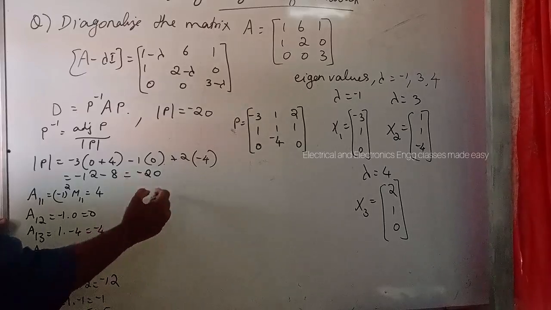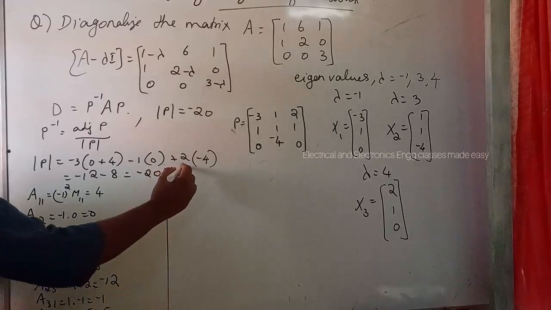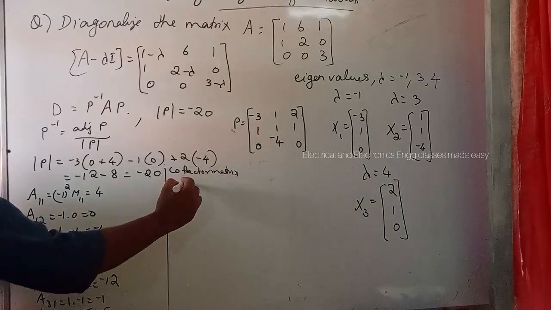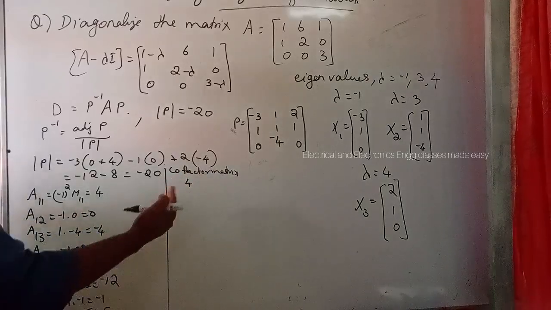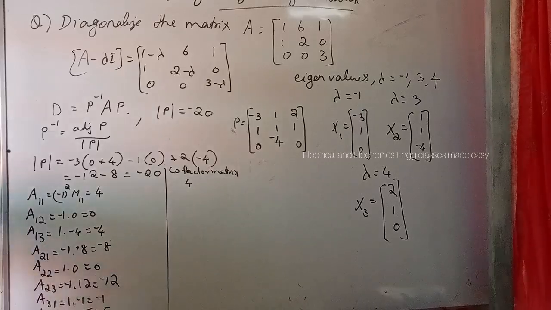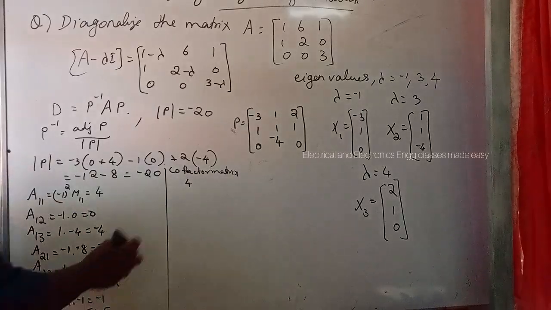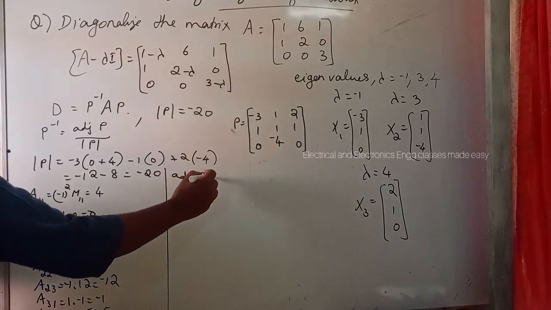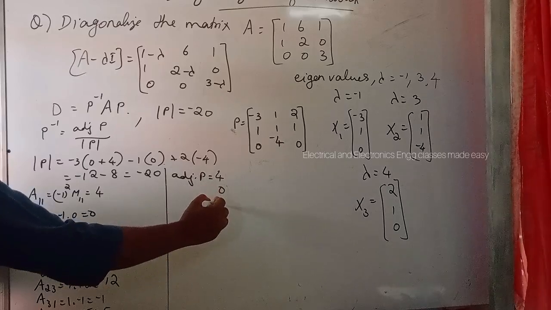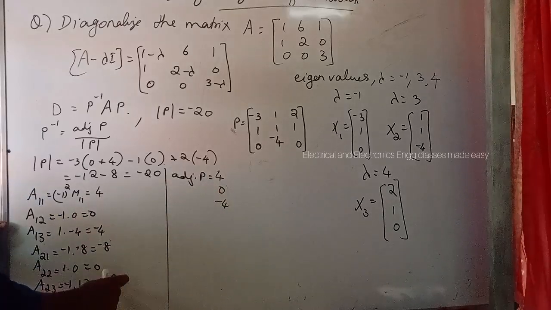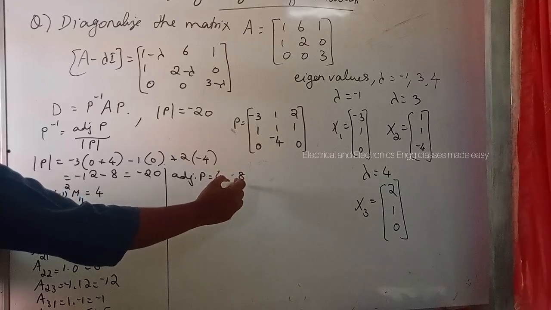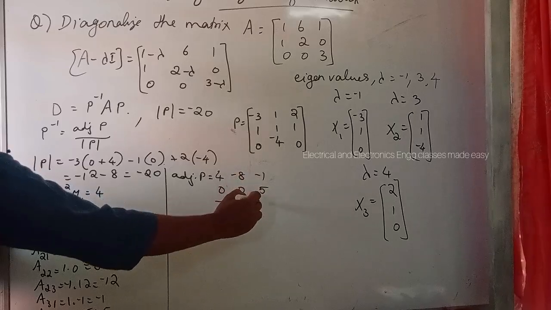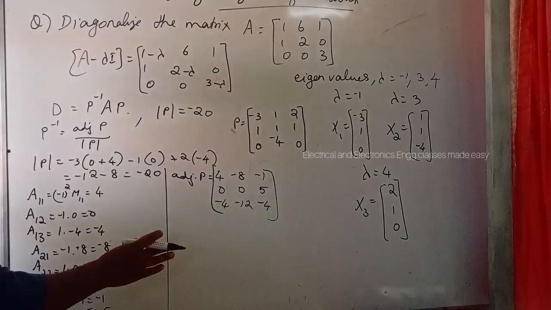So the cofactor matrix is as found, or we can directly write the adjoint, because the adjoint is the transpose of the cofactor matrix. So adjoint of P equals 4, 0, minus 4, written column wise, then minus 8, 0, minus 12, then minus 1, 5, minus 4. So this is the adjoint of P.